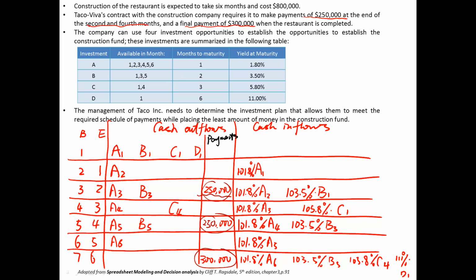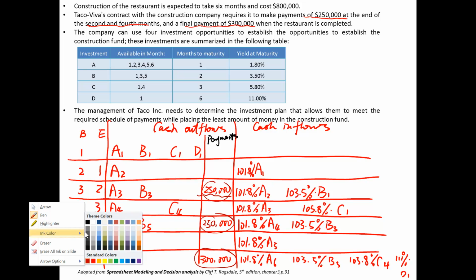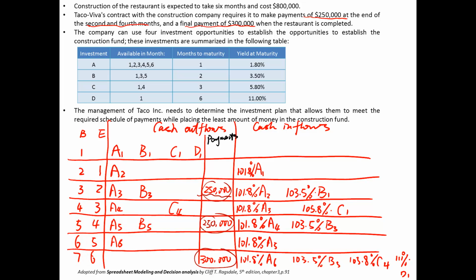Okay. Then same here. This 250,000 comes from that. Can you see this little point? Okay, I'll just highlight it. So to make this 250,000, money comes from this one plus this one.